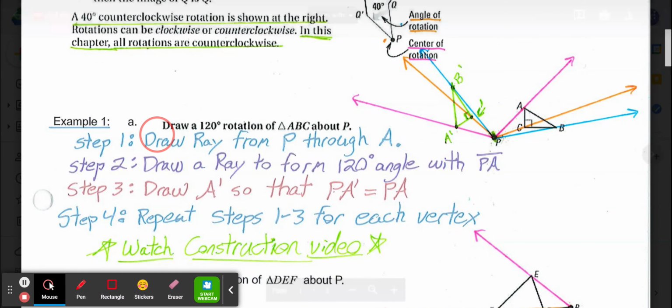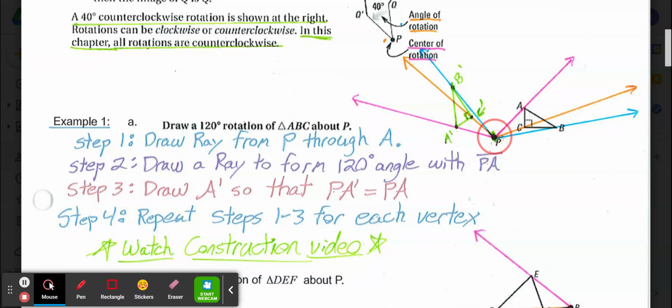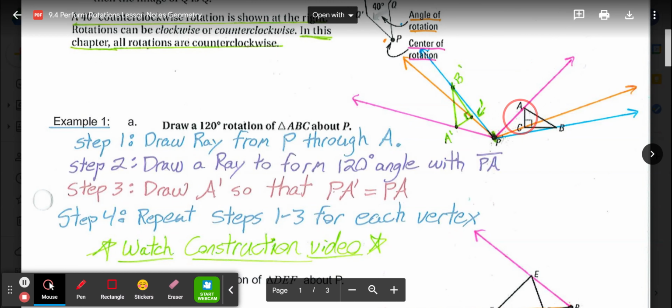So our 4 steps are pretty simple. If we know the point that we're rotating about and we have our original figure, step 1 is to start with a ray from our center of rotation, point P, through a point on our pre-image.